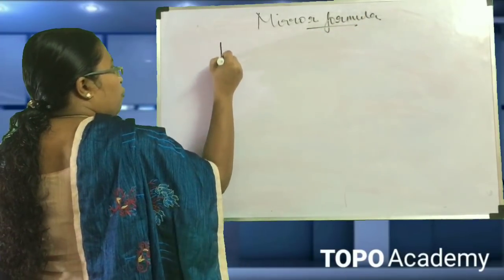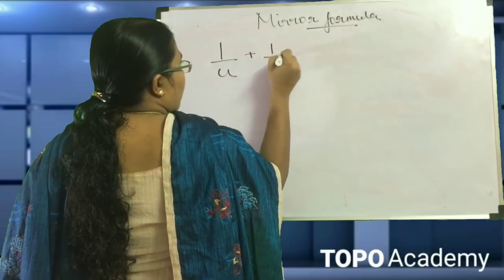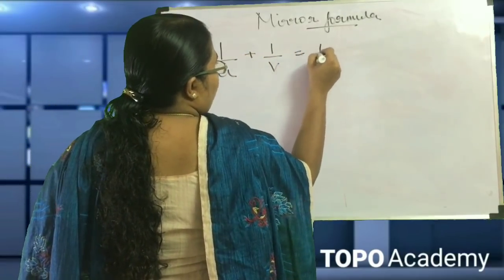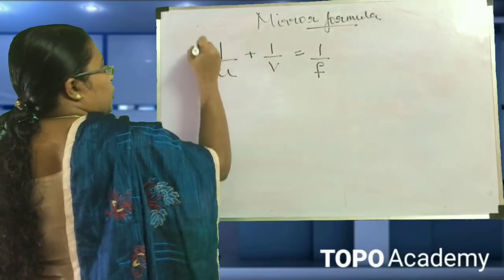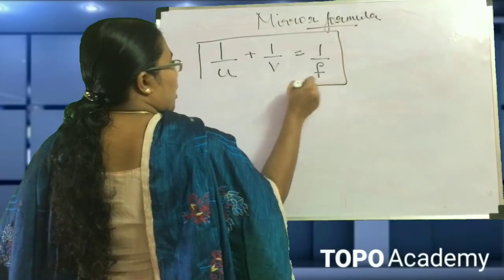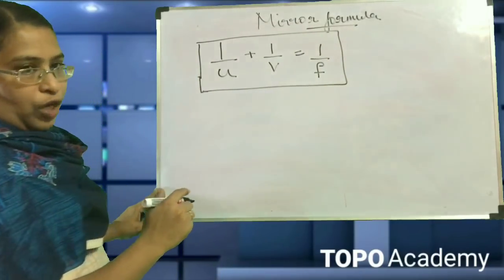The relation is 1 by U plus 1 by V is equal to 1 by F.